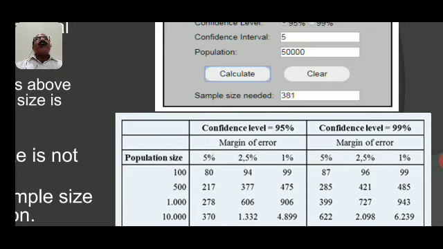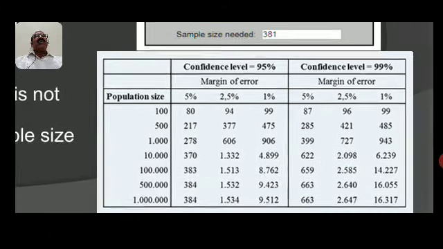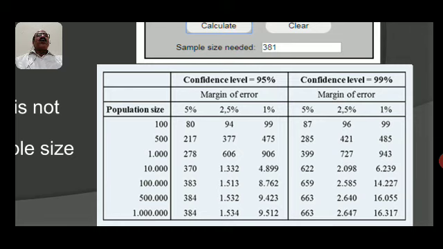So as we increase the population, the sample size does not increase proportionately. Rather, for a small population size, with confidence level 95 and margin of error 5%, you need to have 80 samples. That means almost 80%.